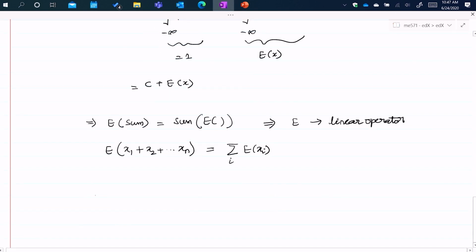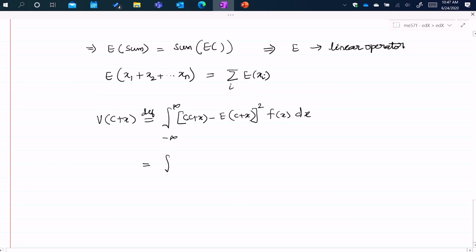So now let's go on to the variance of c plus x, and that by definition is the integral from minus infinity to plus infinity of (c plus x minus the expected value of c plus x) whole squared times the PDF dx.